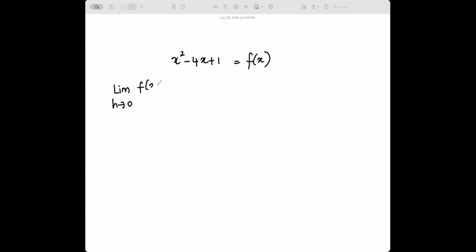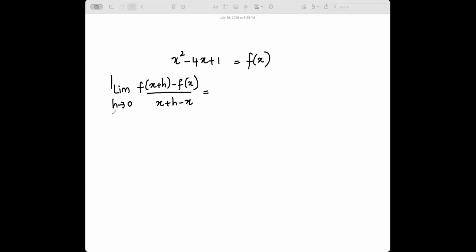This is my function. Now I want to find out what this limit is, h tending to 0, f of x plus h minus f of x divided by x plus h minus x. Can you find out what this is and tell me?